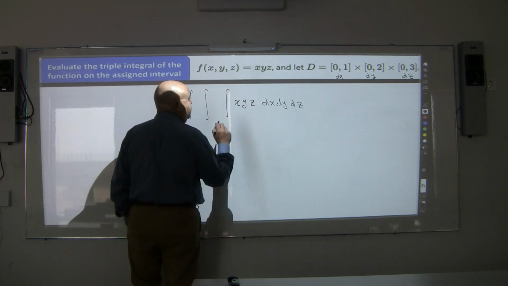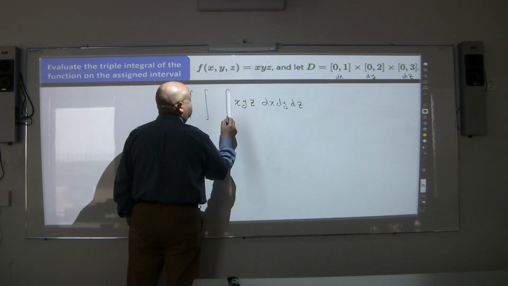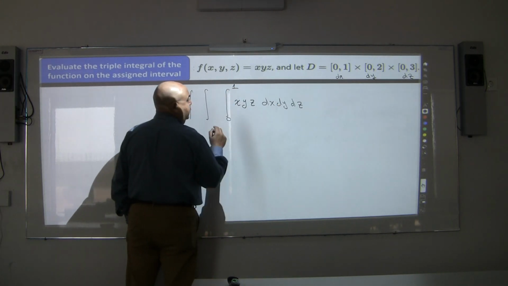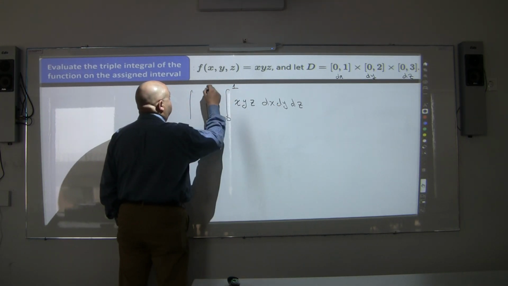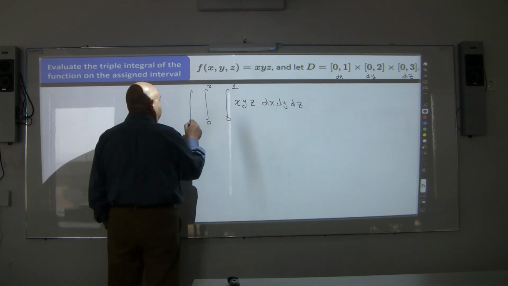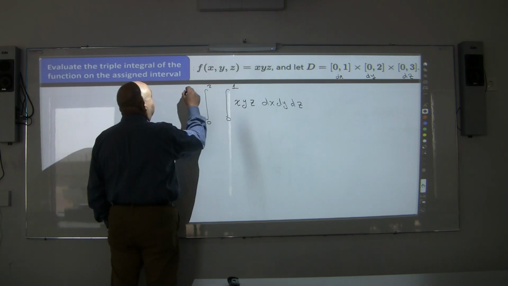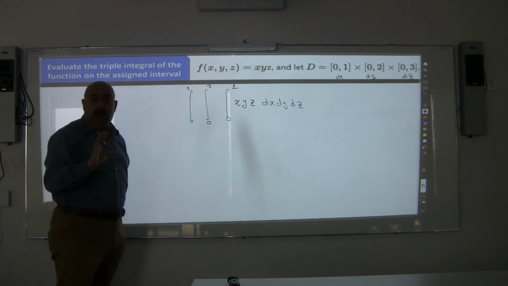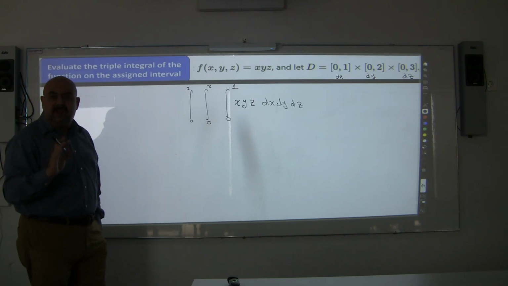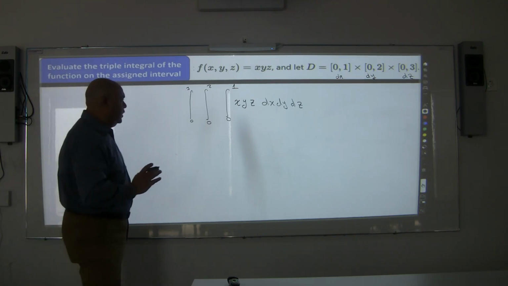So I will integrate first in the direction of dx, which is running from 0 up to 1, and in the dy direction, which is going to run from 0 up to 2, and exactly like that for dz, which is going to run from 0 up to 3. So the first thing, I will start integrating with respect to x, considering, of course, y and z as constants.